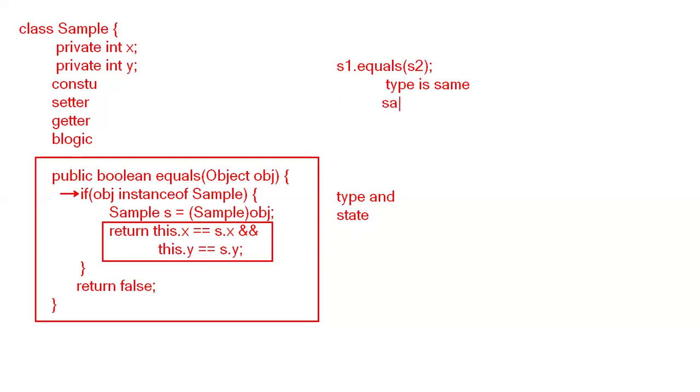Okay, then state is compared. Next, if I call S1 dot equals of a string, then tell me what is this? Type is the same or different? Type is different, then it returns false. Everyone understand the equals method?